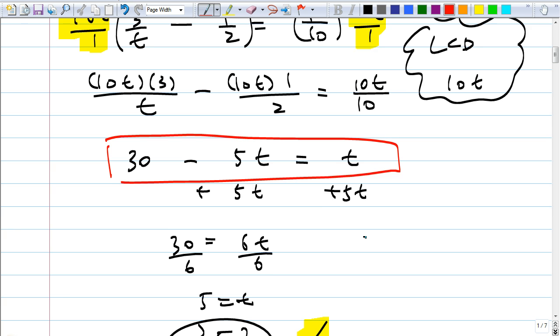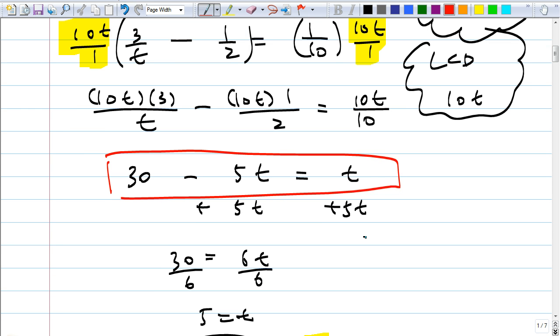You don't need to say that because we know that 0 isn't our solution. But the restriction will come into play if the answer that you get is the restriction. This time we got t equals 5. What if this came out to be t equals 0? Guess what? That happens to be a restriction.